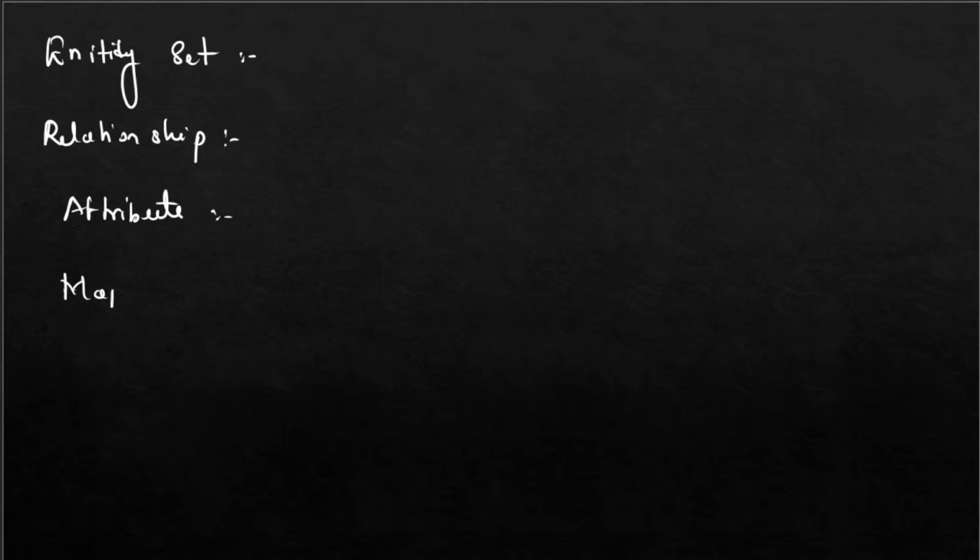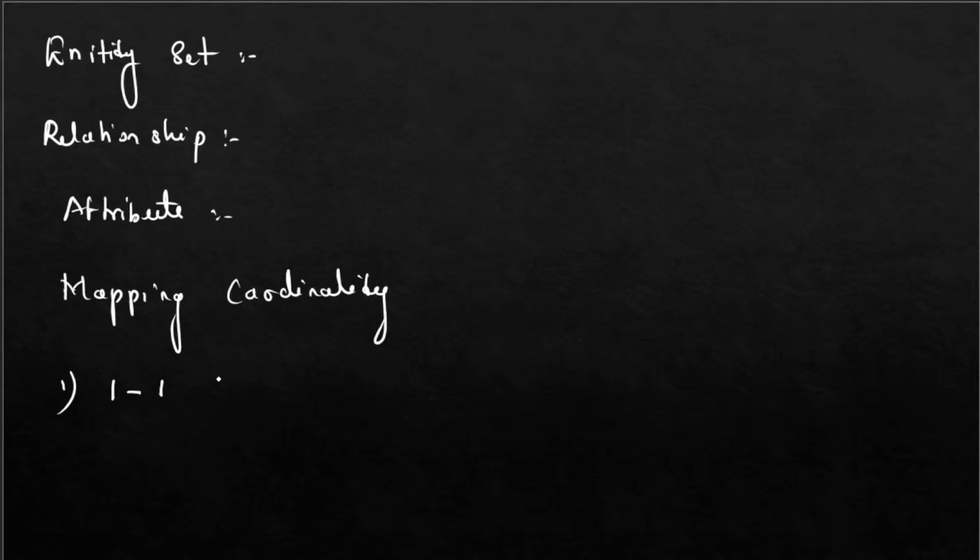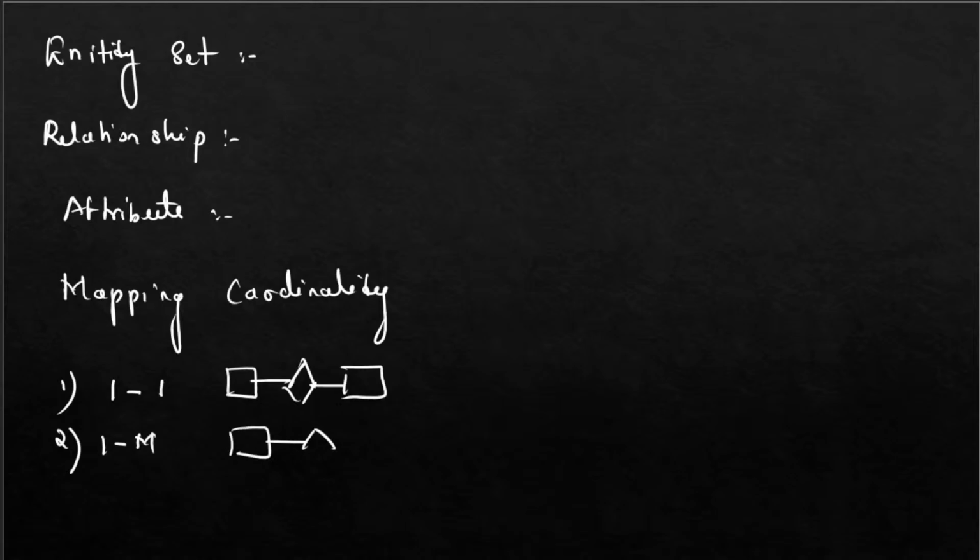After that, let's see mapping cardinality constraint. First is 1-to-1. So 1-to-1 is like this. This is 1-to-1. 1-to-many is like this.